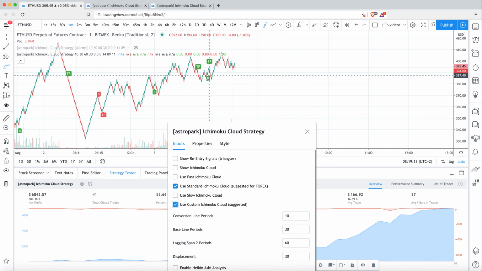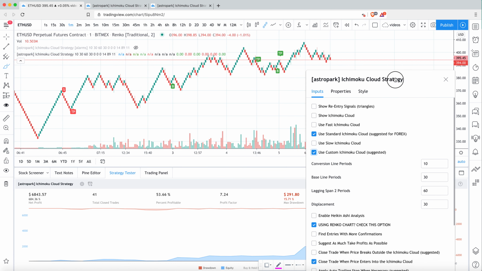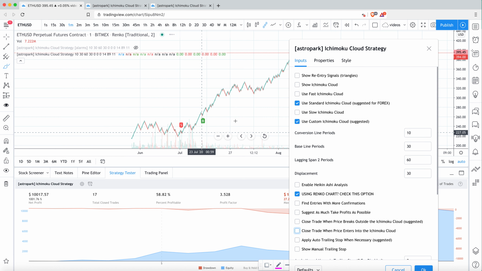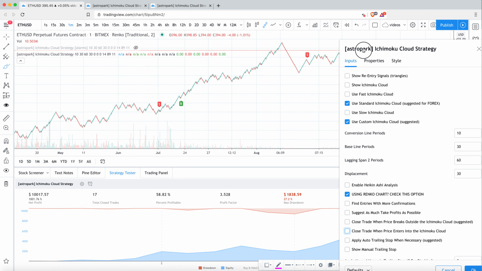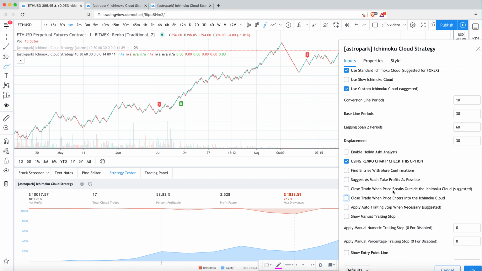Currently, for example, it is not in a trade because here it entered and after that it closed. When you don't set up any strategy for closing, no trailing stop, no close, you always risk a higher max drawdown.